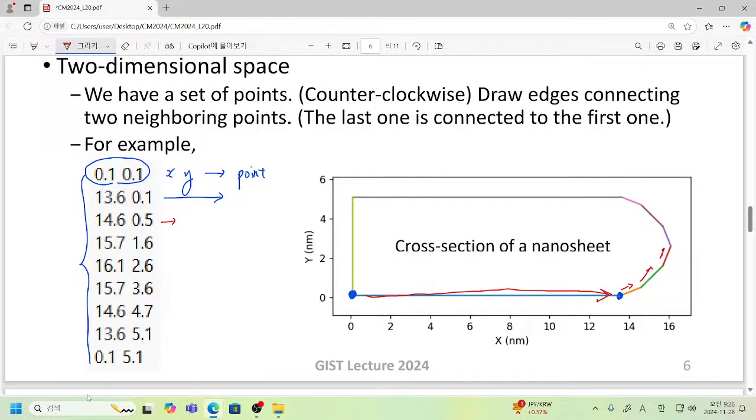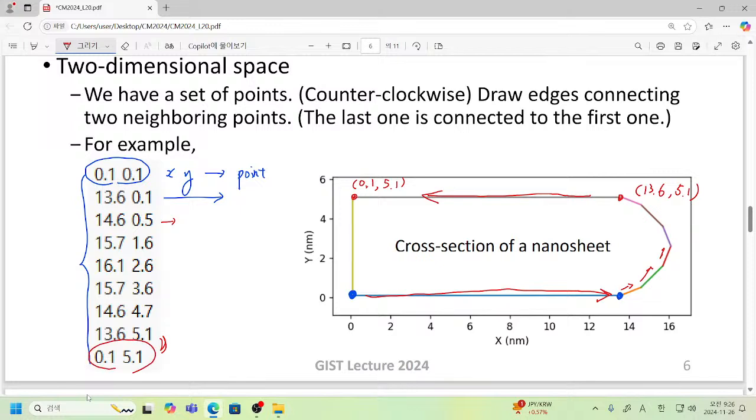If we go this way, then the final pair corresponds to this one. Here we have 13.6 comma 5.1, and the last point corresponds to 0.1 comma 5.1. So we have the final line segment here, and now we have the last point.